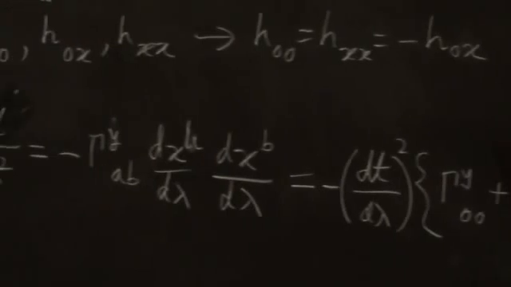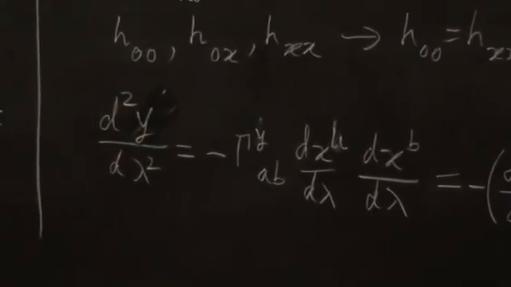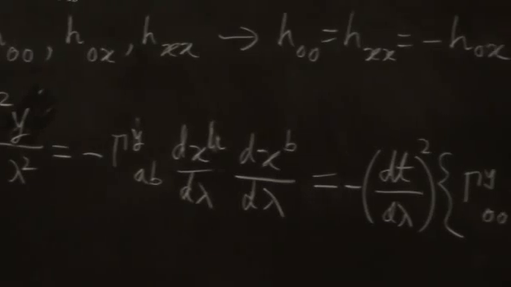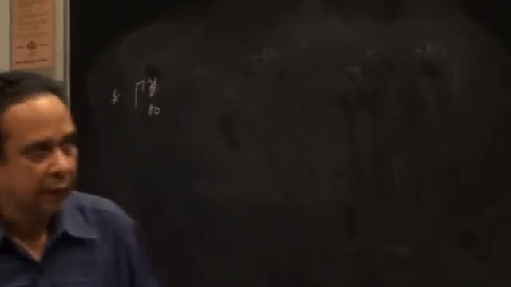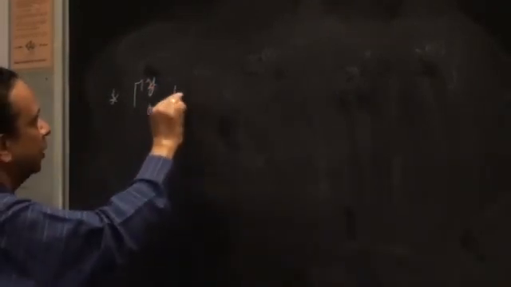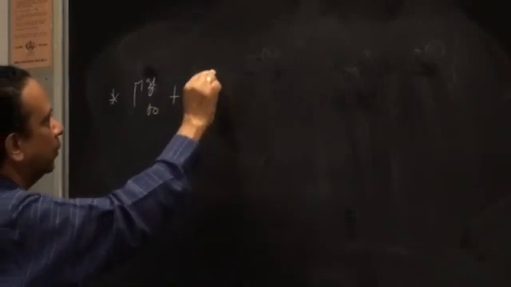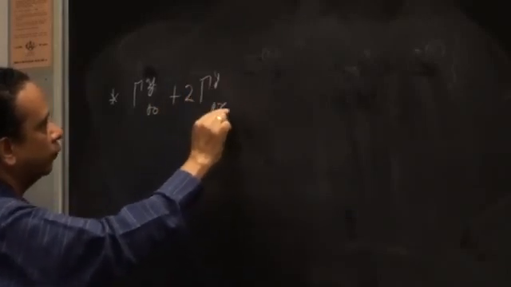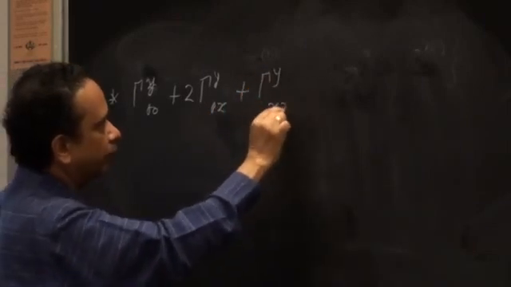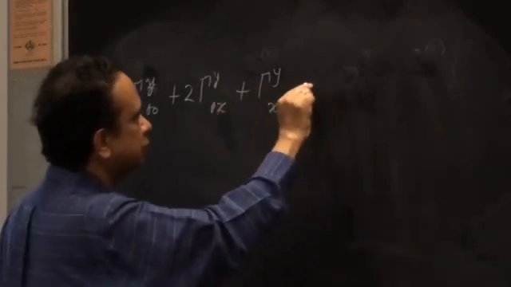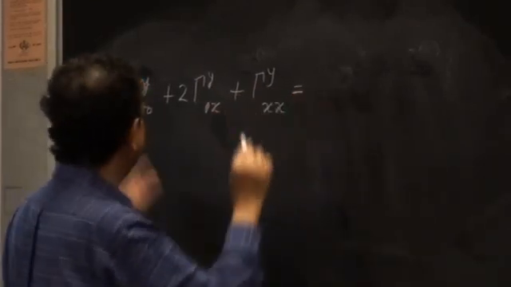I'll use this part. So let us look at that combination: Γ^y_00 plus 2 times Γ^y_0x plus Γ^y_xx.